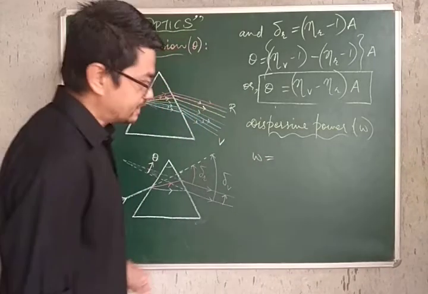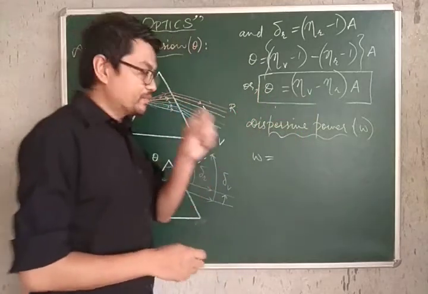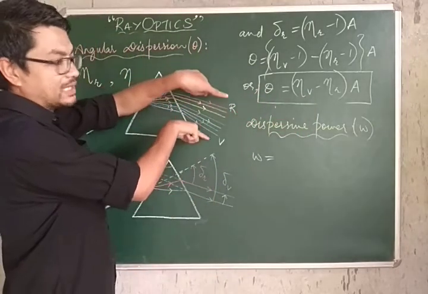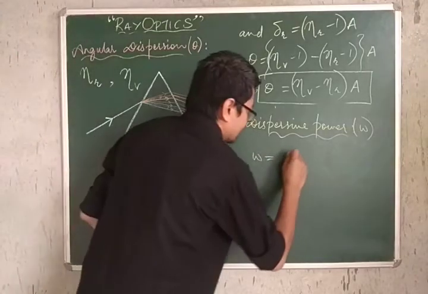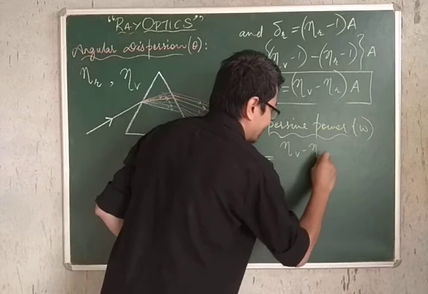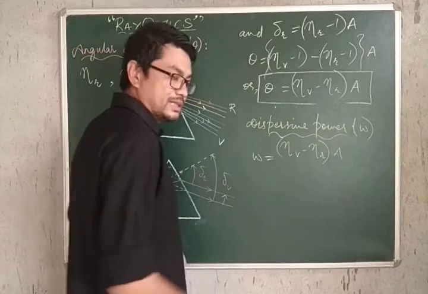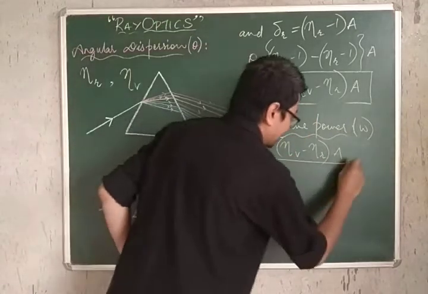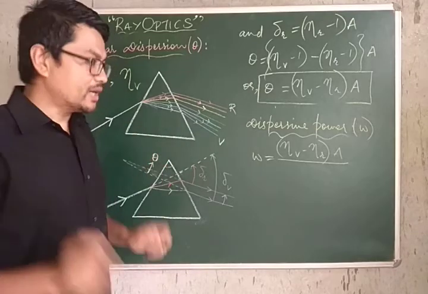Dispersive power is the angular dispersion between red and violet light, that is the two extreme lights, which of course is given by this, divided by the deviation for the mean ray of light.